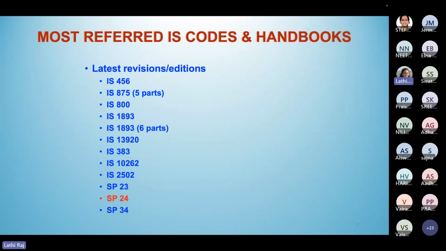Those things are explained in IS 2502, how to number it, how to calculate the bent length. All these things are given in IS 2502. Then there are some handbooks, SP23, SP24. SP24 is not there, it is withdrawn. SP34. So these are some of the most referred codes. As I told you, this is not an exhaustive list.